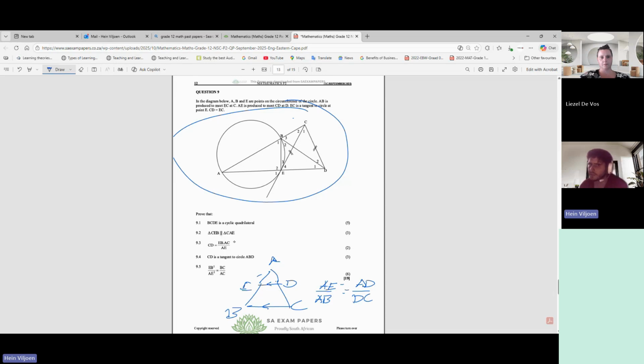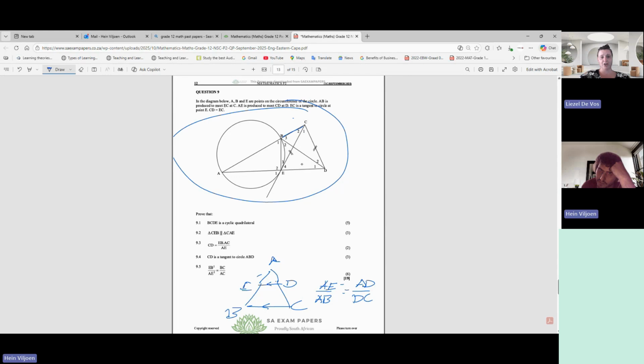The first question that they ask you is to prove that triangle CEV is congruent to triangle CAE. Or, well, they say BCDE is a cyclic quadrilateral and you have to prove that. So now we have to prove that this thing here is a cyclic quad.